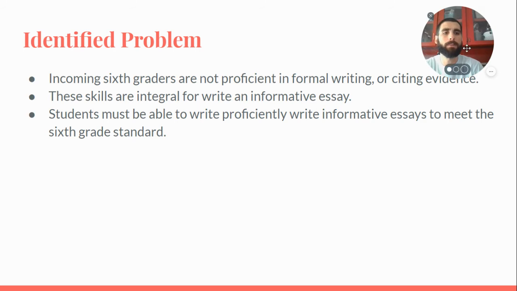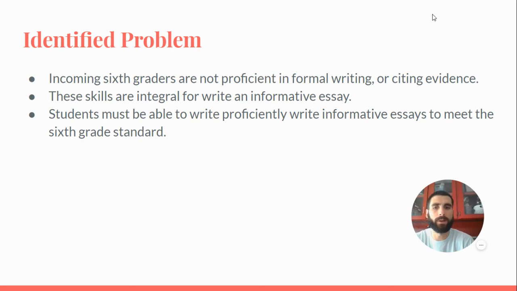So the problem that has been identified and was the reason for the focus of this instructional design plan was that incoming sixth graders are not proficient in formal writing. A lot of them, when they are writing, utilize informal skills such as just typing U or writing U instead of YOU, kind of like how they've been prepared to write through the way that they practice typing to their friends or just some of the informal practices they've built up.